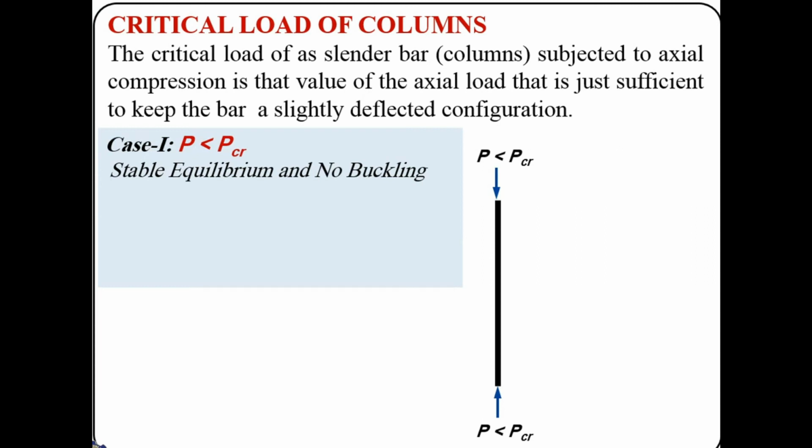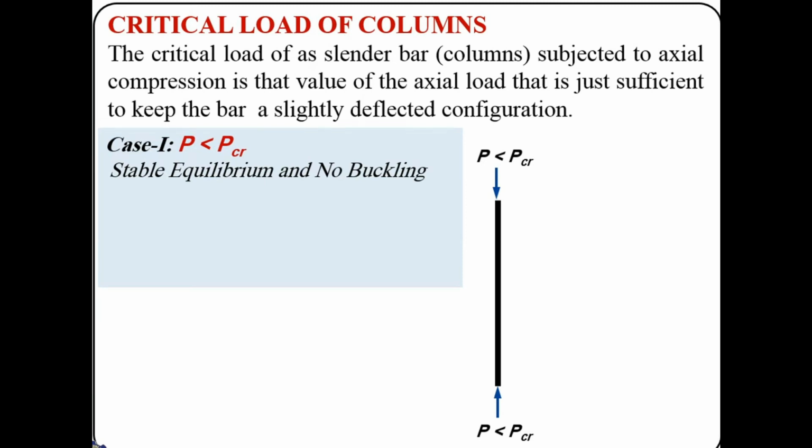And I keep on increasing the load. If I keep on increasing the load to 20, 30, 40, 50, 60, maybe 80. At 80 megapascal, when the load is 80, the applied stress will be 80 megapascal. The column is again perfectly straight. It will not undergo lateral deformation, or we cannot observe any lateral bending.